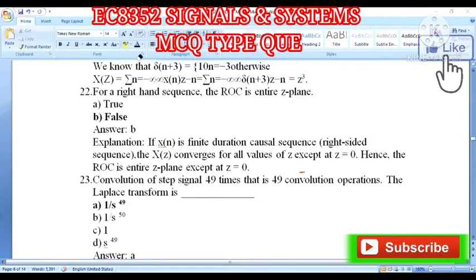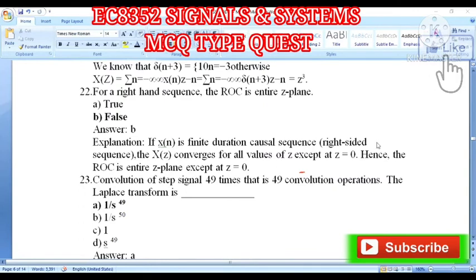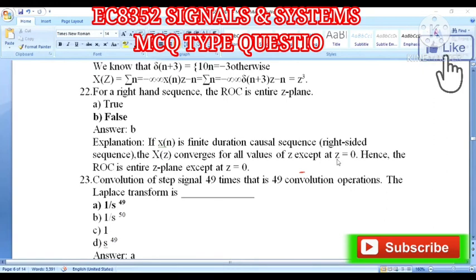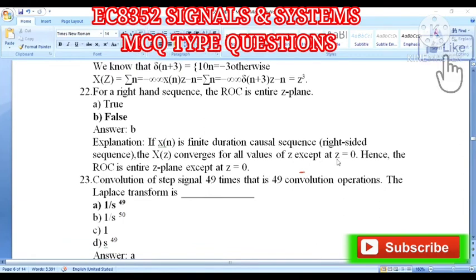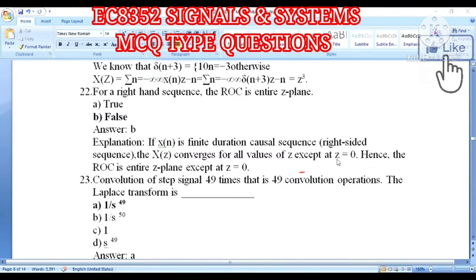Because if x of n is a finite duration causal signal, which is nothing but a right-sided sequence, we call a right-sided sequence causal. Now your X of z converges for all values of z except at z equal to 0. We already discussed these questions in two more problems. Wherever you solve problems in Z transform, in the final statement you can analyze your problems based on the ROC concept also.